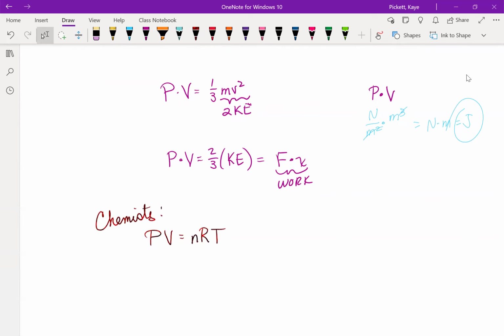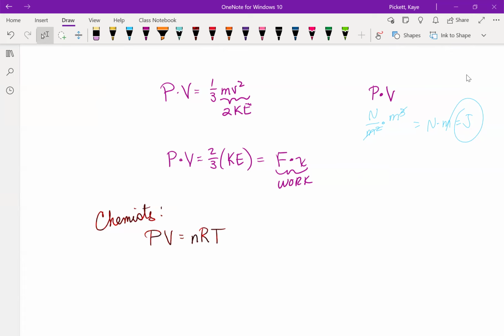We proved this. We didn't just say, that sounds good. Boyle and Charles and Gay-Lussac and Kelvin worked on this. They discovered this relationship purely by experiment.